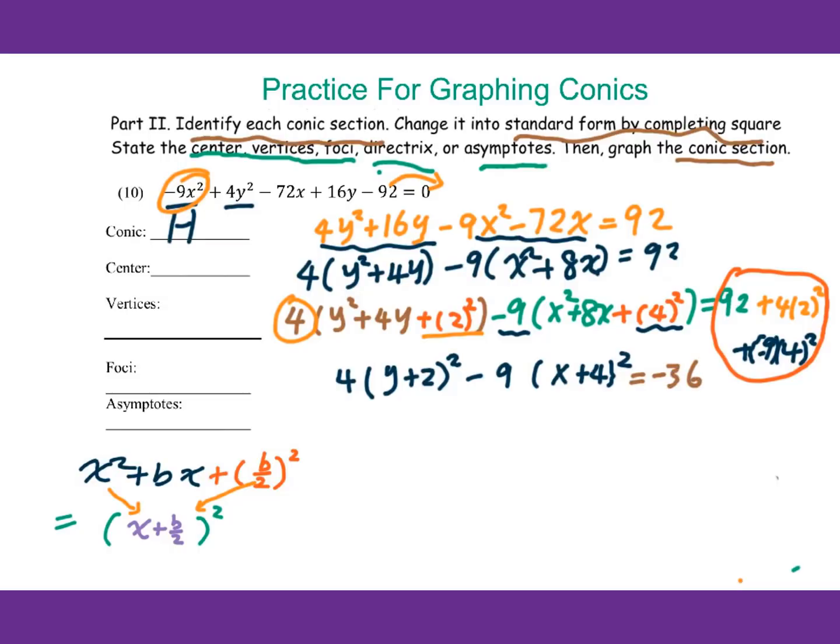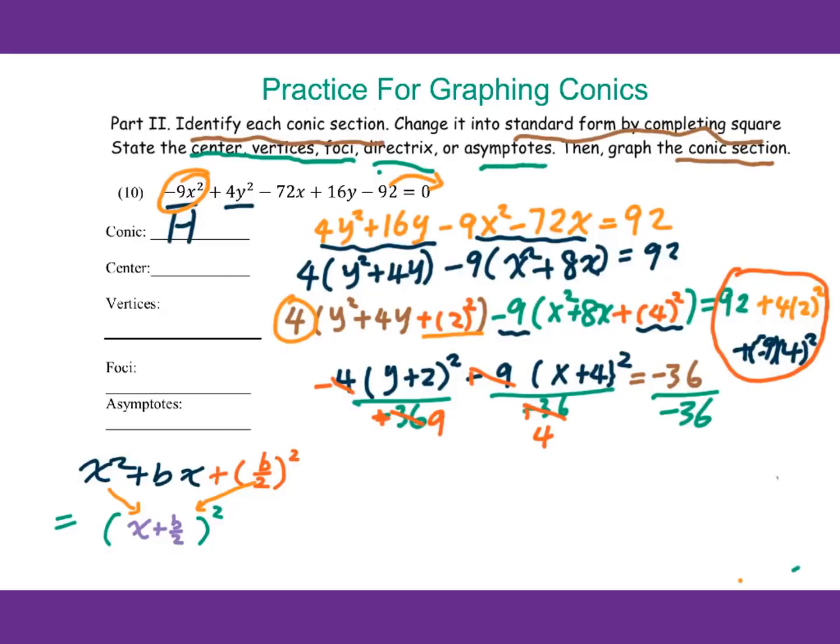Then we divide by negative 36 because we are looking for 1 on the right side. Then reduce. This will be 9, but here it's negative, don't forget. This one is 1, and then you get the 4 here. This is positive now. This will be negative.